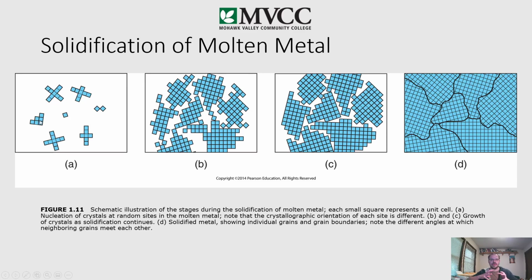So they're grouping up into their formation of the BCC or FCC crystal structures that we talked about. And they keep growing. And eventually those growths will actually hit another crystal, right? So we end up getting these crystals hitting each other, and eventually we get grain boundaries. And this is what we get when we solidify a metal.